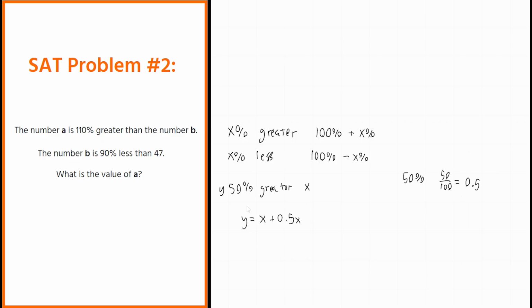So when we say that Y is 50% greater than X, we're saying that it's the full value of X plus half of X, or in other words, 1.5X. And if instead of greater, we were to say it is less, then that would just be the full value of X minus half the value of X, or in other words, 0.5X.